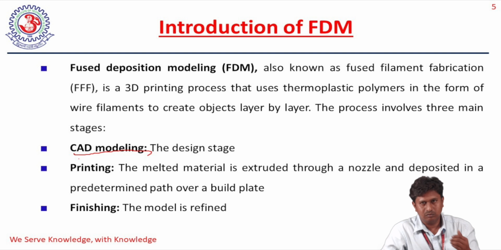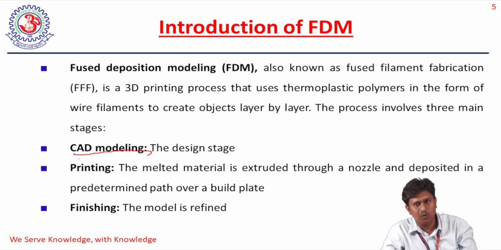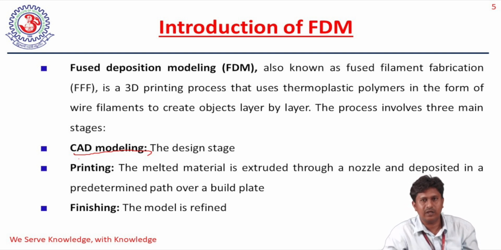So once again, the first stage is CAD modeling. By using AutoCAD, CATIA or Solid Edge, we can prepare a 3D model of our required component. Then by using any slicer software like Ultimaker Cura or Slicer, first we need to import the 3D model into the slicer software.